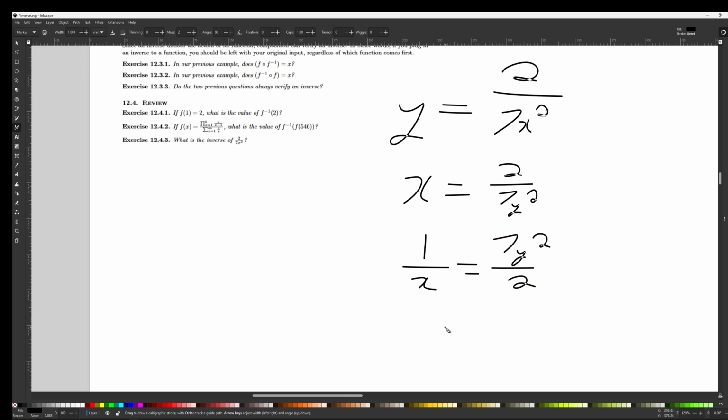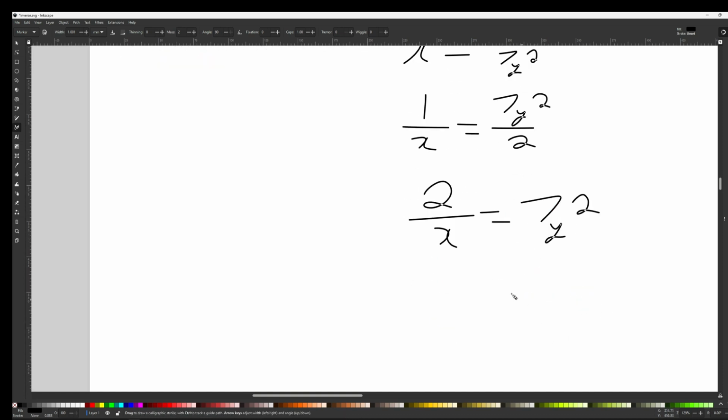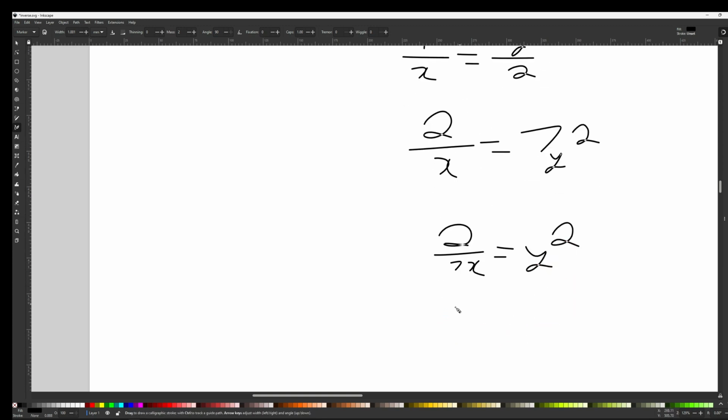Multiply both sides by 2, and we have 2 over x is equal to 7y squared. Divide both sides by 7, and we have 2 over 7x is equal to y squared. And for the last step, we take the square root. So the square root of 2 over 7x is equal to y. So this is our inverse.